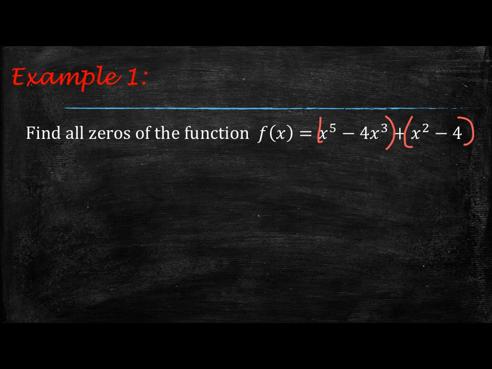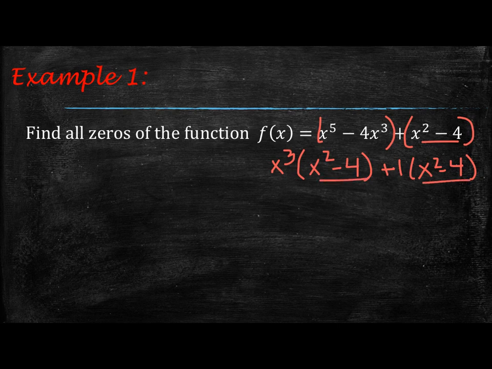So for example, here I can take out an x to the 3rd, so I'll have x to the 3rd, and when I divide that out, I'm left with x squared minus 4. You can see that that is the same as this leftover, so I'm just going to put that plus 1 on the outside because there's nothing I can divide out of that. And now I'm going to group the like ones together.